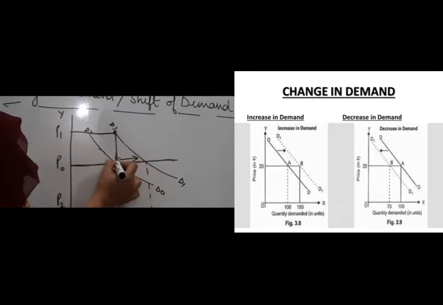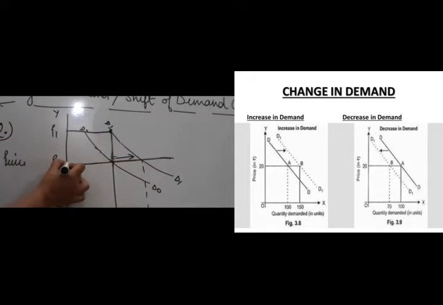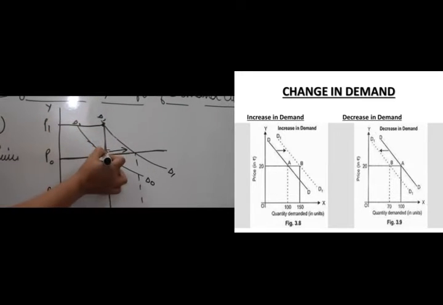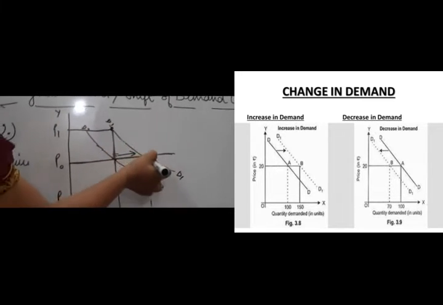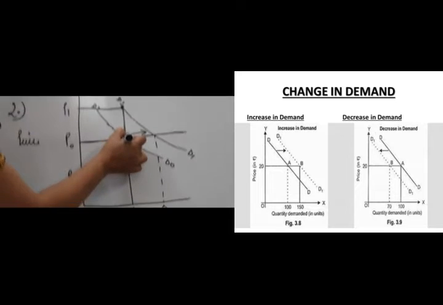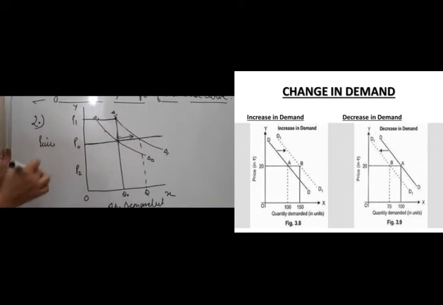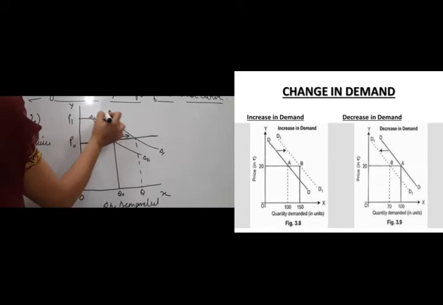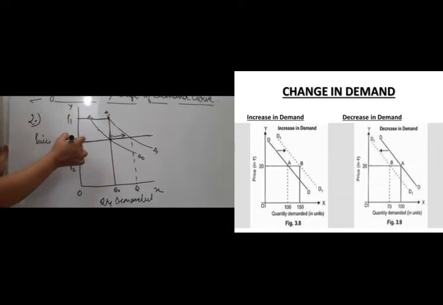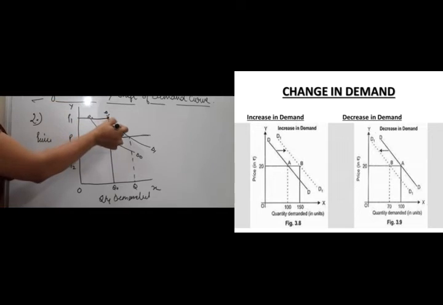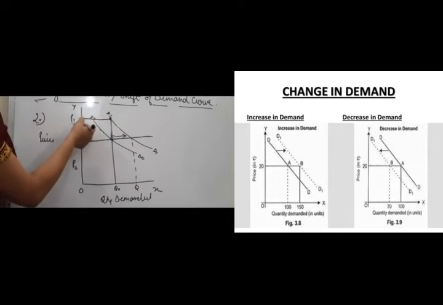So the same quantity will be demanded at a higher price. Increased quantity is this, but the quantity met is this, the same quantity, but this will be demanded at a higher price. But this change is not because of the price. Price is the effect of this change, but this change is not because of the price.